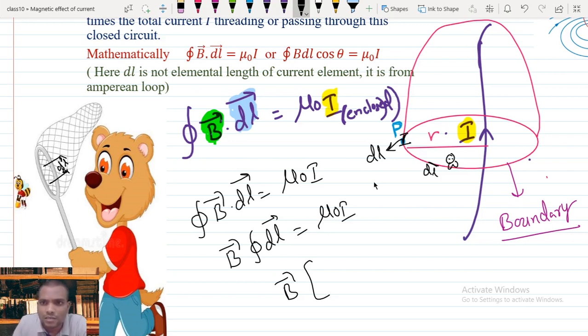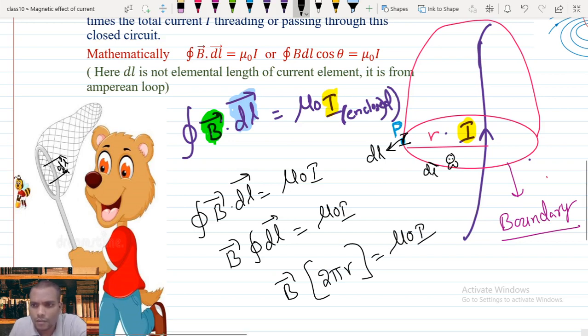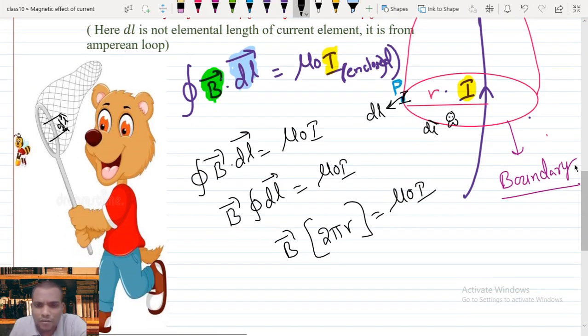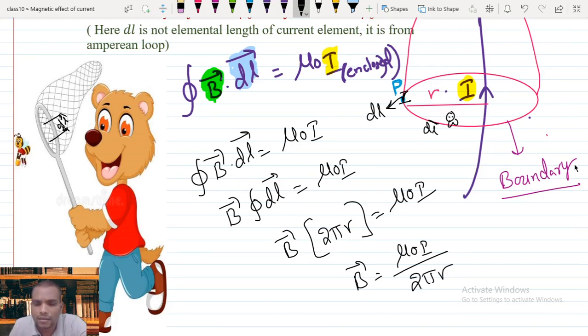It means what? This loop's circumference. The loop is a circle, the circle having a radius of r. The loop length becomes 2 pi r, which equals mu naught times I. Now the magnitude of the magnetic field B equals mu naught I upon 2 pi r.